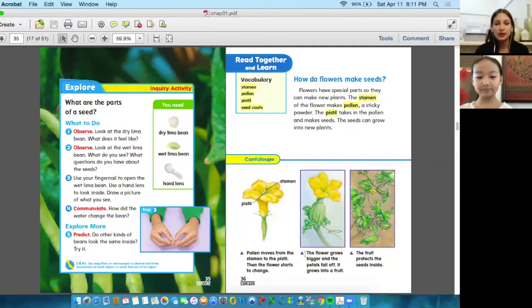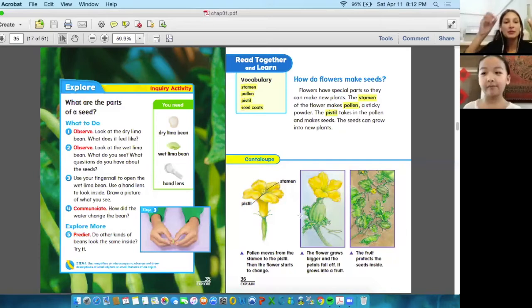Could you read this next one, please? The flower grows bigger and the petals fall off. It's grown into a fruit. Wow, okay. So this is the first stage of the flower, and then it starts getting bigger.